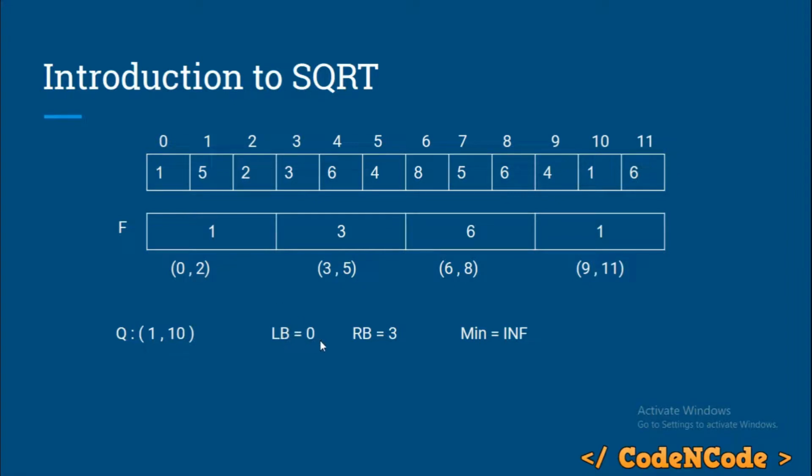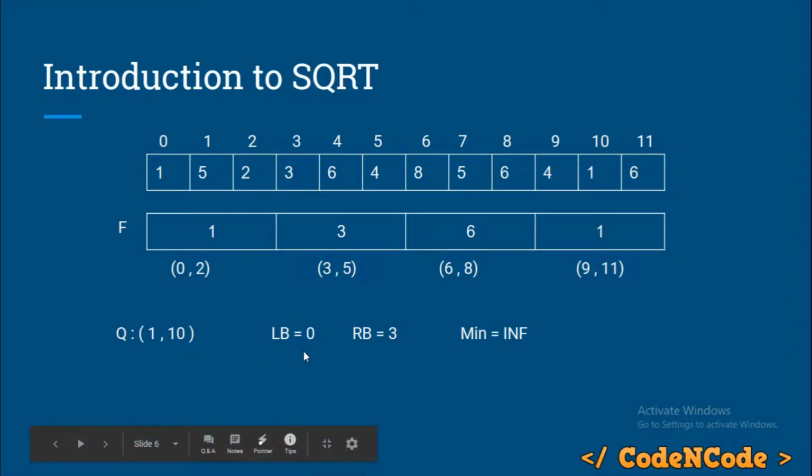Now, starting from the left block, we have to traverse all the elements of the left block. We cannot take the answer from here directly because it contains the answer of all these three elements, but the starting index L may or may not cover all the elements of that block, the 0th block.